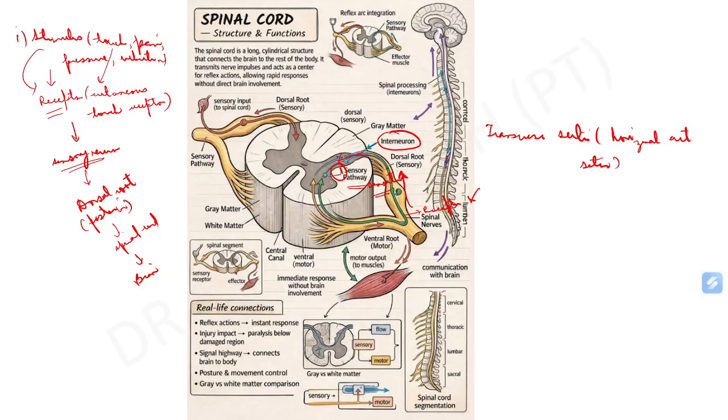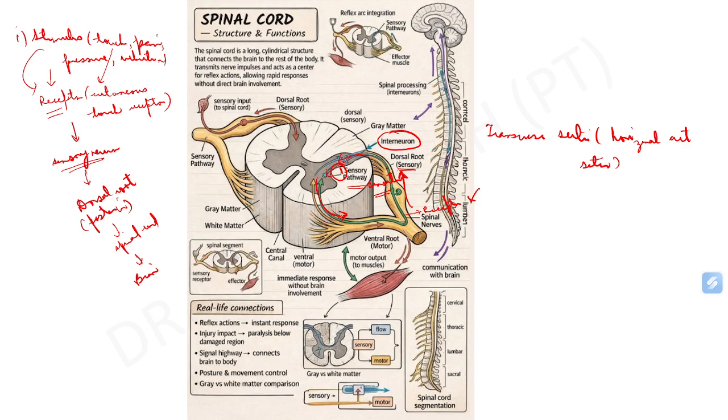What is the role of an interneuron? Its work is to detect sensory signals and communicate the senses to the effector part of the circle, so that appropriate action can be taken.